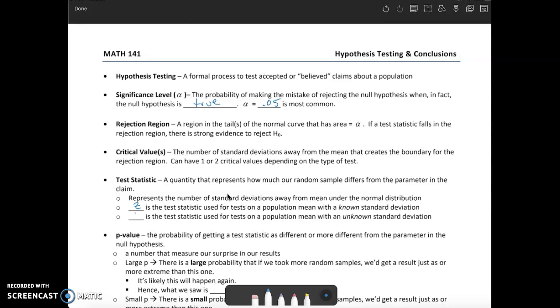And T is the test statistic used for tests on a population mean with unknown standard deviation. So this is the same idea as when we were creating confidence intervals. If you know the population standard deviation, you can use the Z test. If you don't, then you need to use the T test.